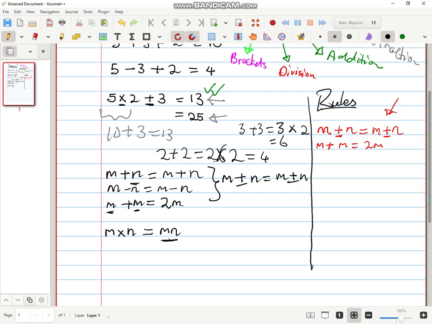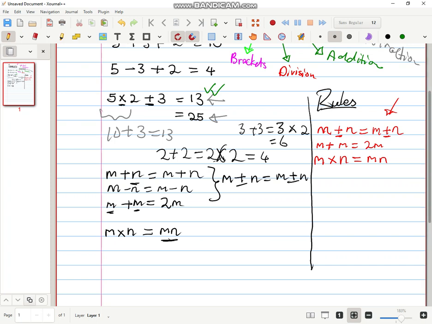Please note that what I'm showing you here is the representation that we use in algebra, right? So if you have m times n, it's going to be mn.